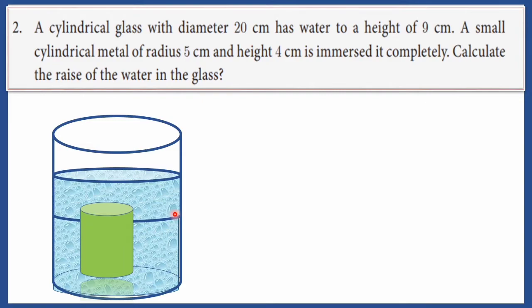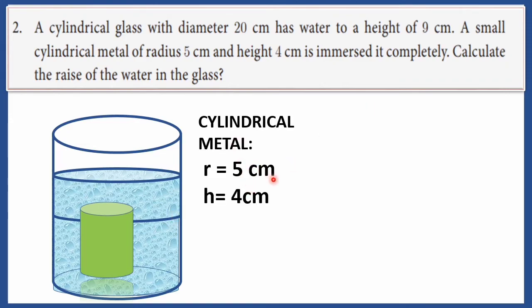In this question, we use the concept that the height of water that will rise is due to the immersion of a cylinder into the water. So the volume of water that rises is equal to the volume of the cylinder immersed. First write what is given. Radius of the cylindrical metal equals 5 centimeter. Height of the metal equals 4 centimeter.